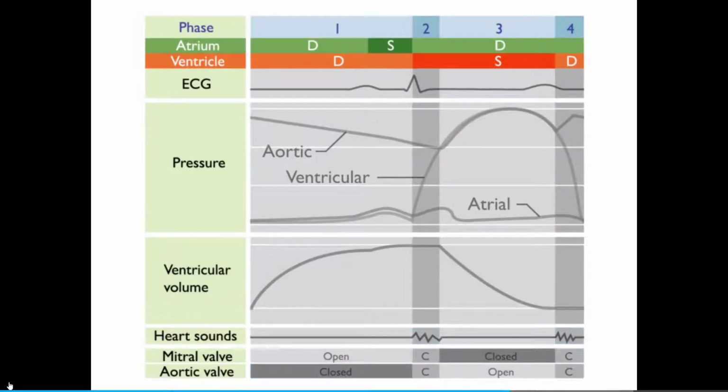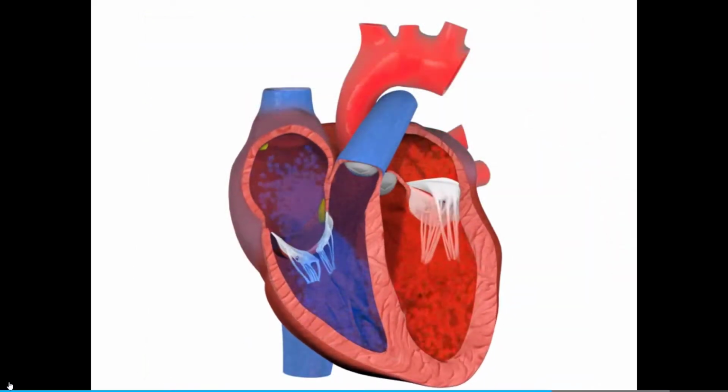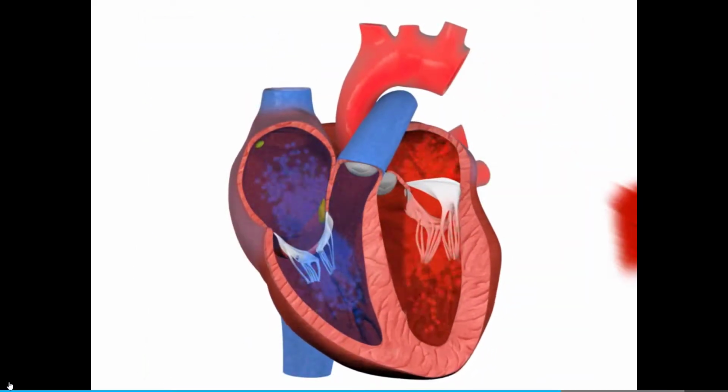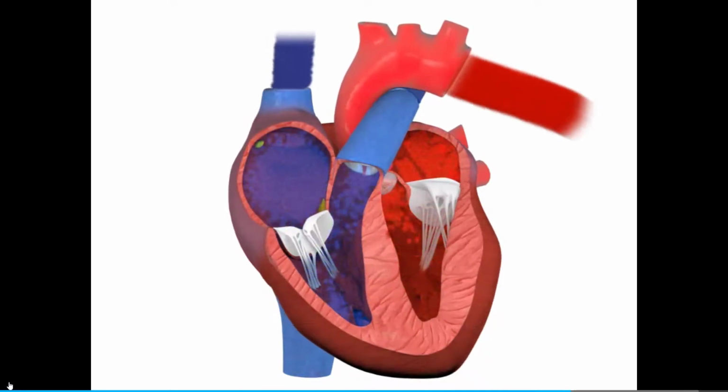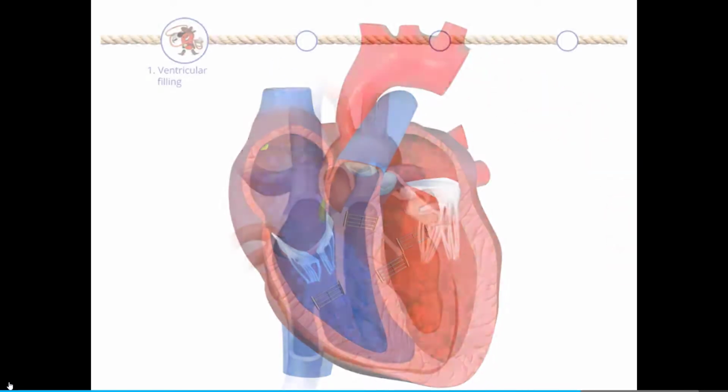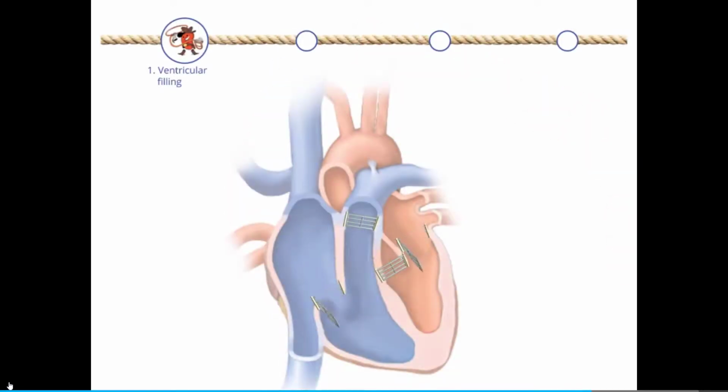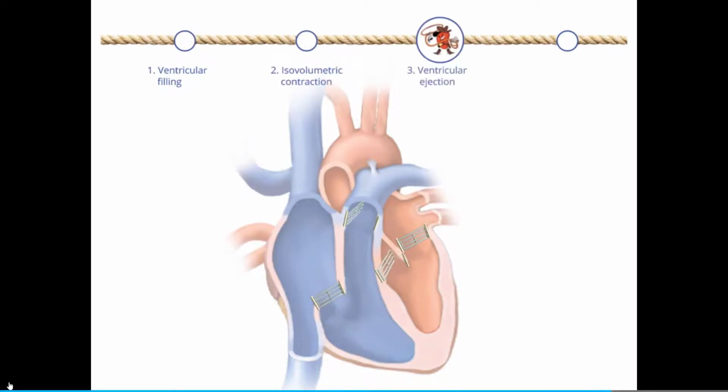For simplicity, these graphs display changes in valve position and pressure associated with the left side of the heart only. But keep in mind, similar patterns would also be occurring simultaneously on the right side of the heart. As you noticed with the red blood cell roundup, the cardiac cycle is conveniently divided into 4 phases based on the position of the heart valves and ventricular activity.